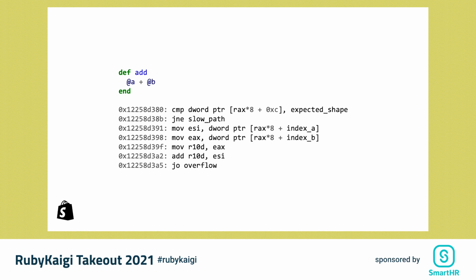Right, so that one check covered both variables at the same time. Because the shape includes the type information of all the variables, just checking the shape checks all the types at once, and also checks the layout of the object. And also that shape check is already there for the layout, so we get it for free for checking the rest of them.